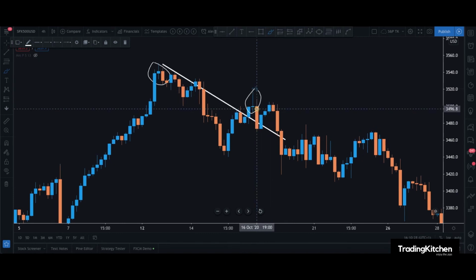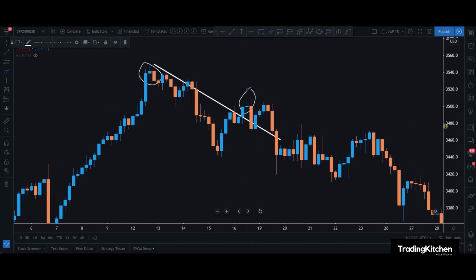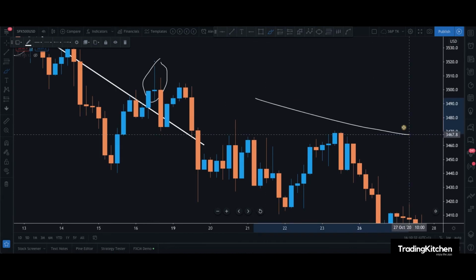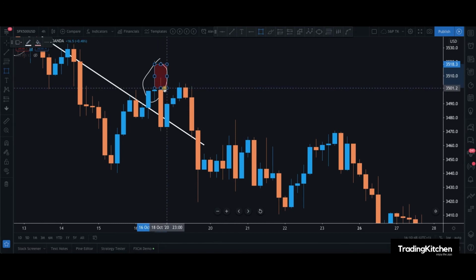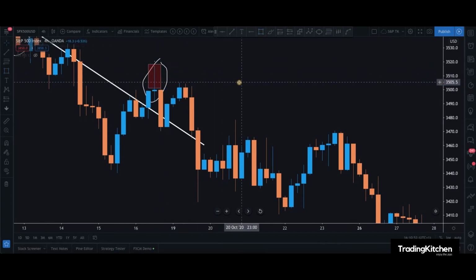Okay, here, as you can see, the body is just a little bit beyond the shadow. Okay, the shadow here is very, very big. This means that maybe the sellers are stronger than the buyers.